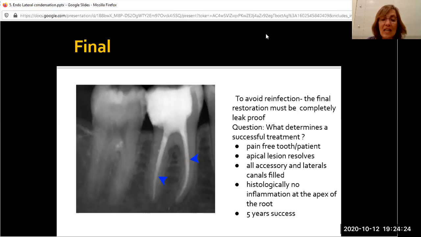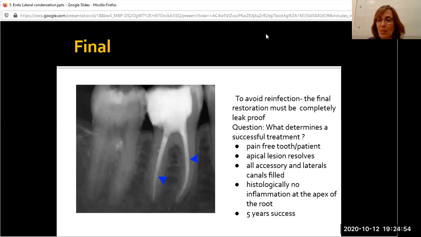If the apical lesion that is what made you do the root canal resolves? Is it only when the master cone and all the accessory canals are filled, so your main canal and all the accessory canals are filled? Or is it, if you take the tooth histologically and look at the apex, if there is no inflammation?